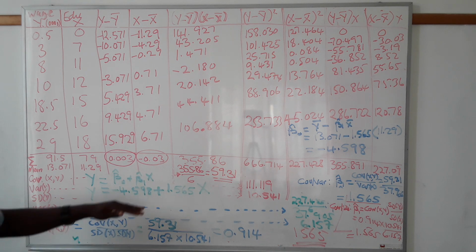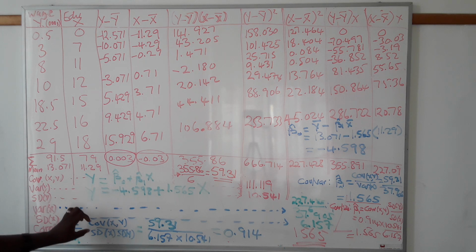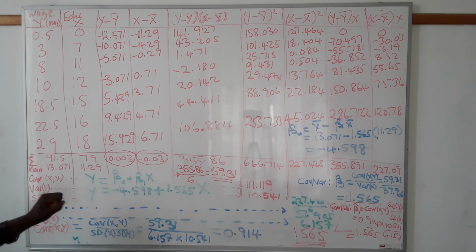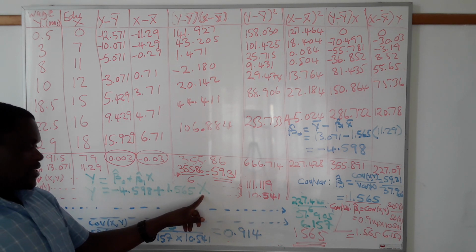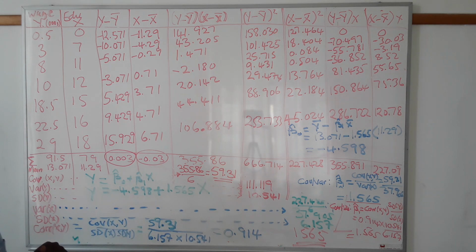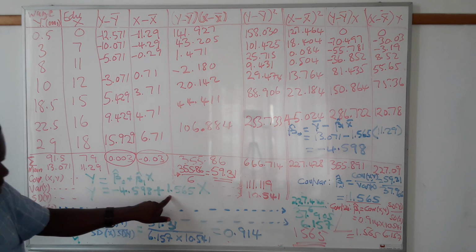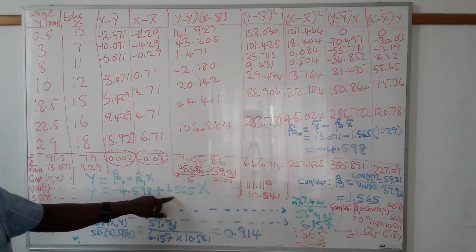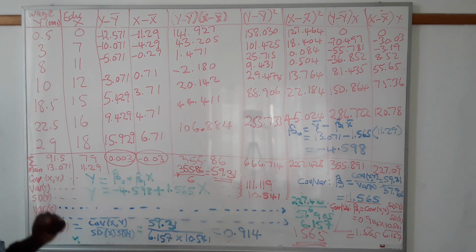So then we use this line to explain the behavior of wages. And wages is our dependent variable, which means it is influenced by our education. So this is independent, this is dependent. This affects that. And this number here measures the size of the effect of x on y.